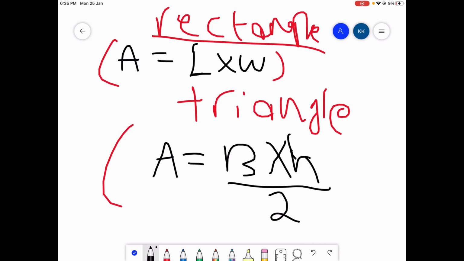That's why we divide by 2, so we get the correct calculation for the triangle.